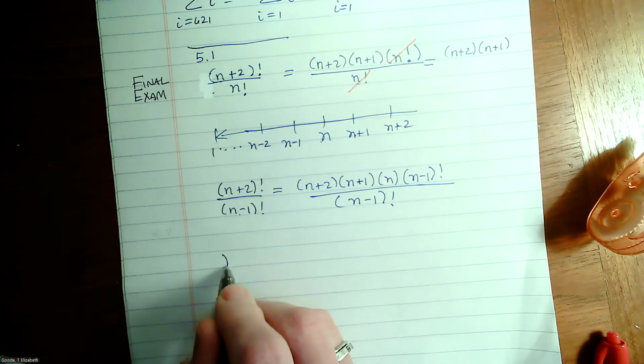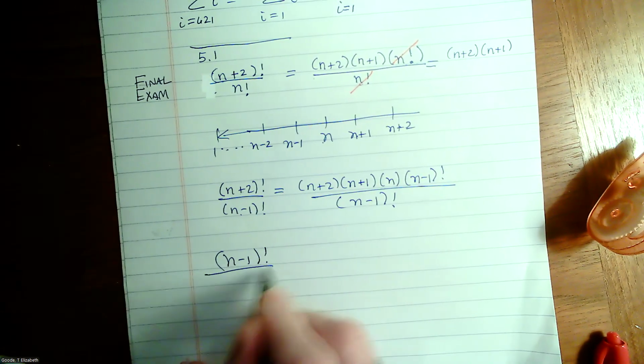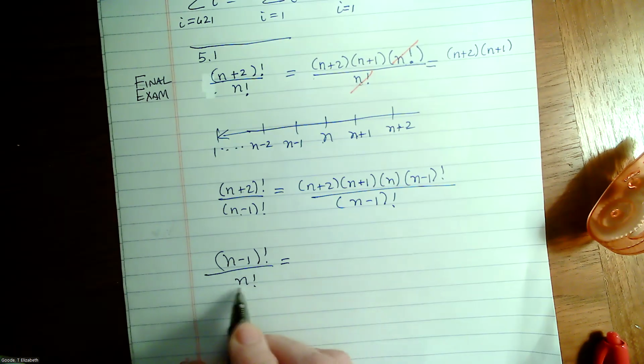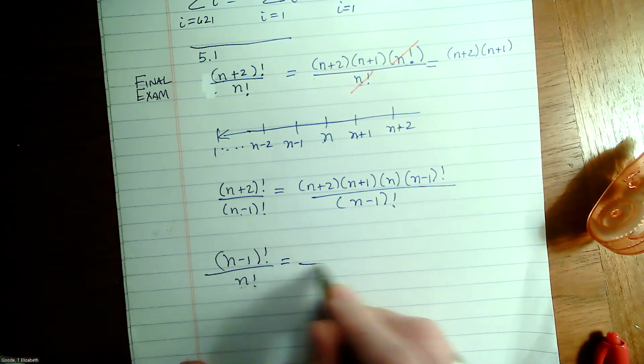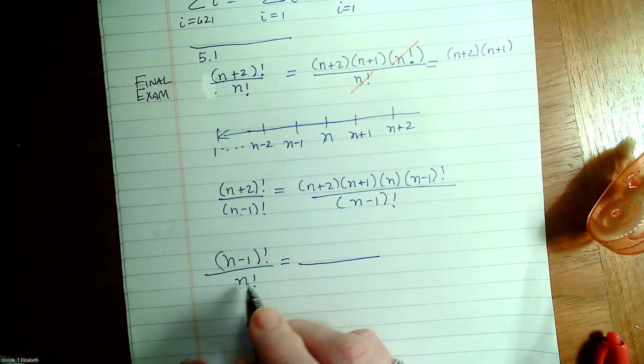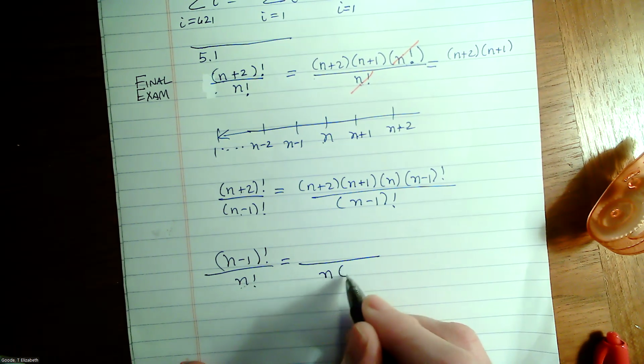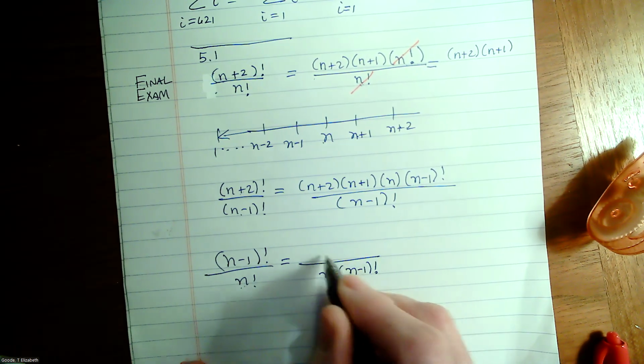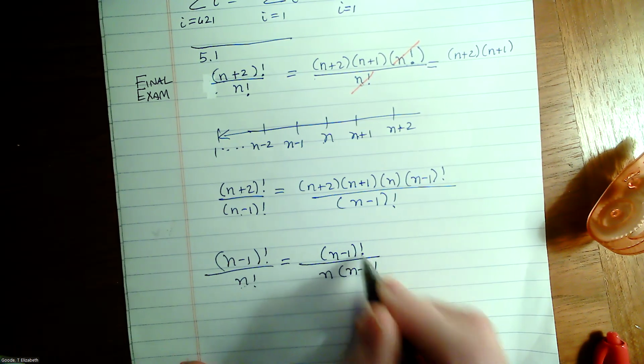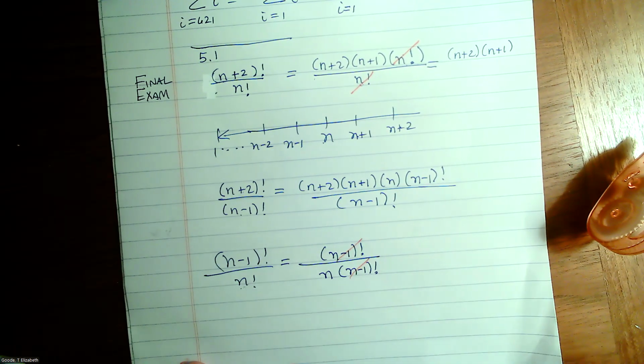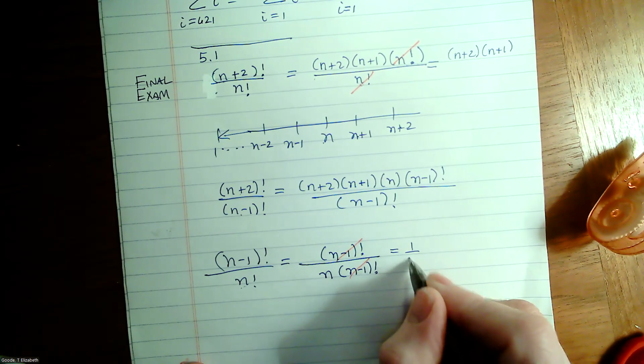On that one, the bigger number is on the bottom. n is bigger than n minus 1, so you expand the bigger one. It happened to be on the bottom there. That's going to be 1 over n. Yep, exactly.